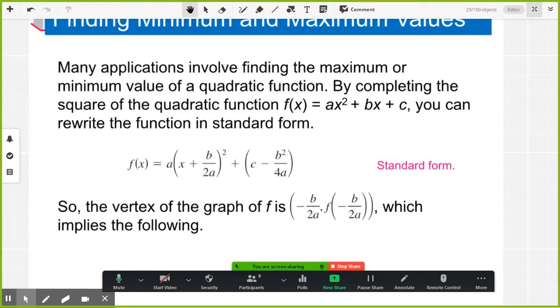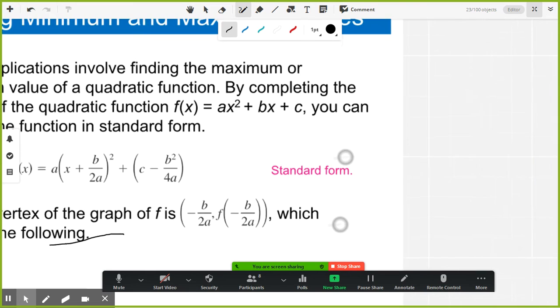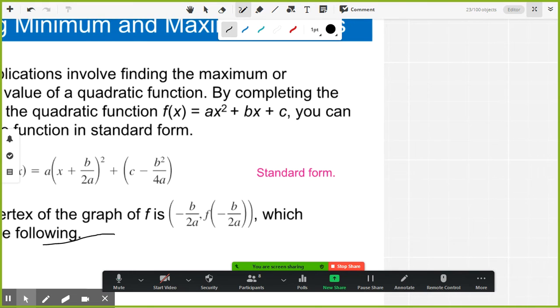And this is a little bit tough to understand with the way they have written it, but what you basically need to know is the x coordinate of the vertex is found by taking negative b over 2a.